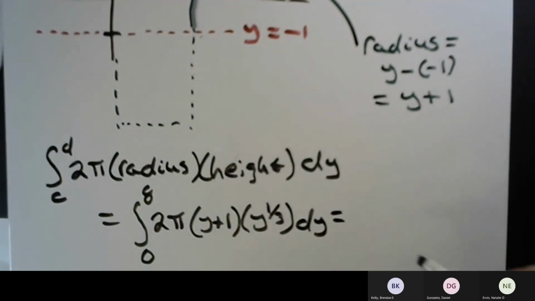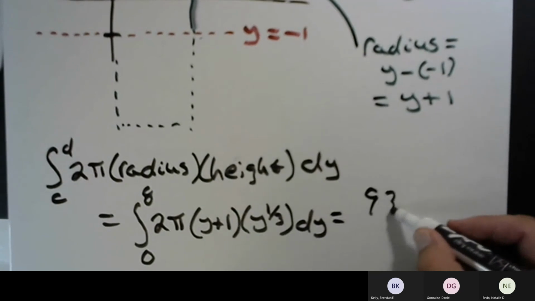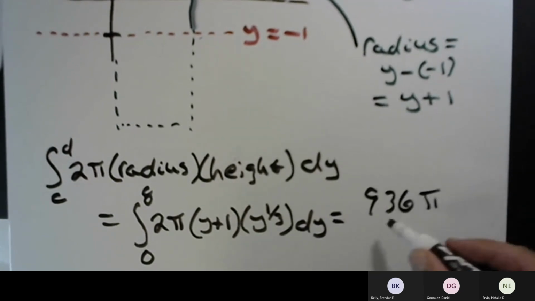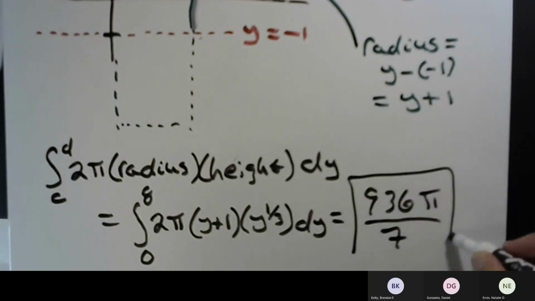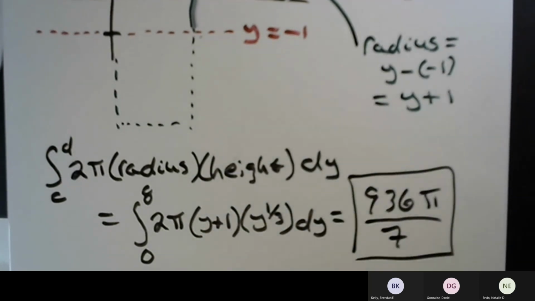And if we hammer this one out, we get 936 pi over 7. And that is going to be our answer. Questions about that?